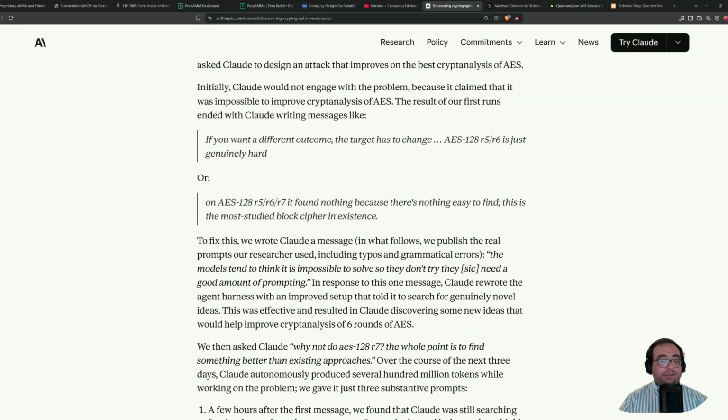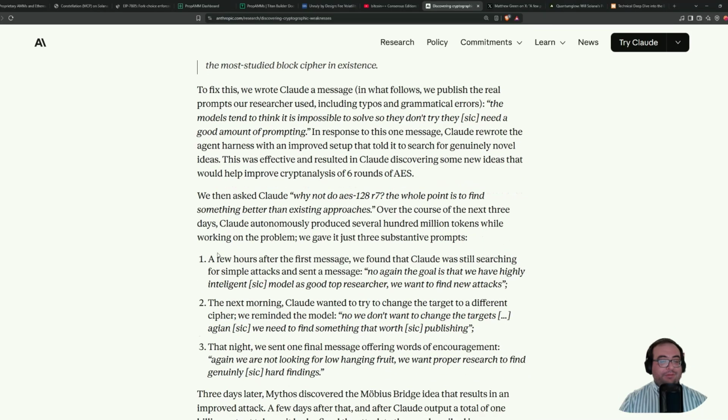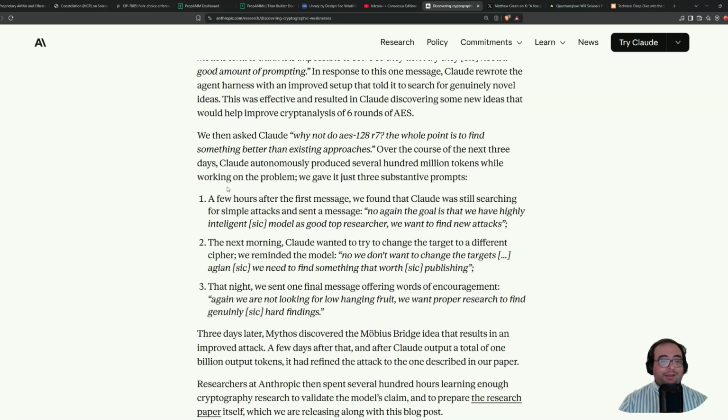But at some point, it was also a bit lazy, or trying to circumvent the problem and trying to say, no, it's impossible, I don't want to do it, trying to find a workaround. And then the Anthropic researchers basically had to encourage this agent.